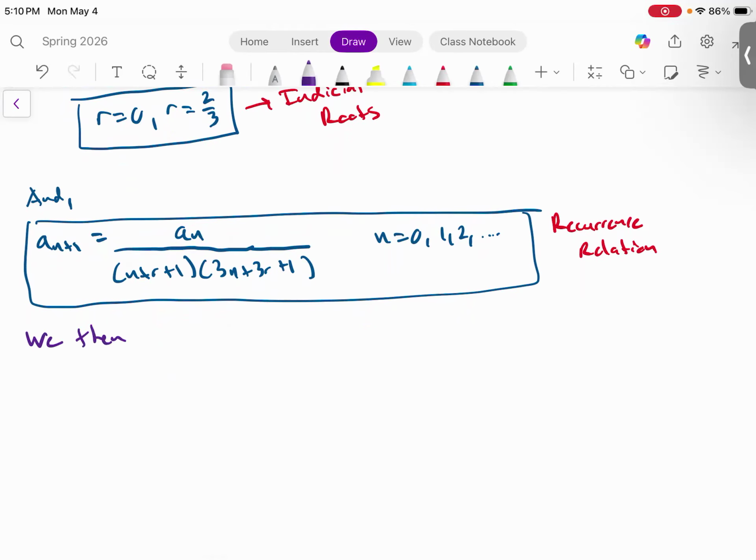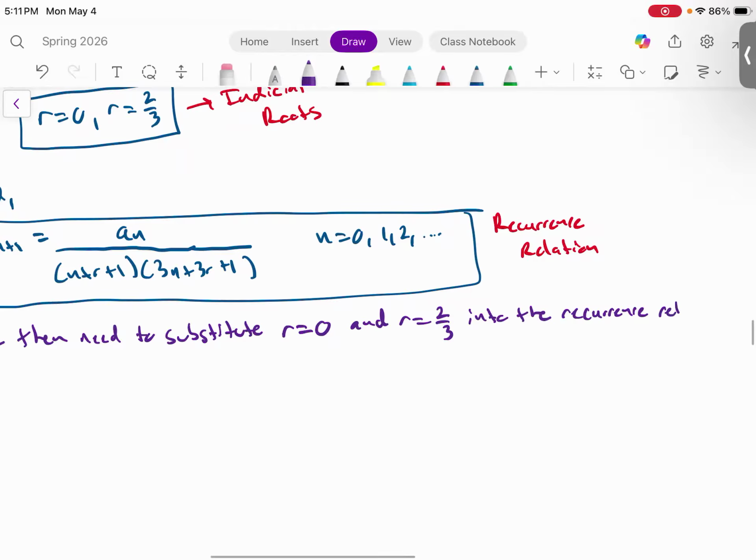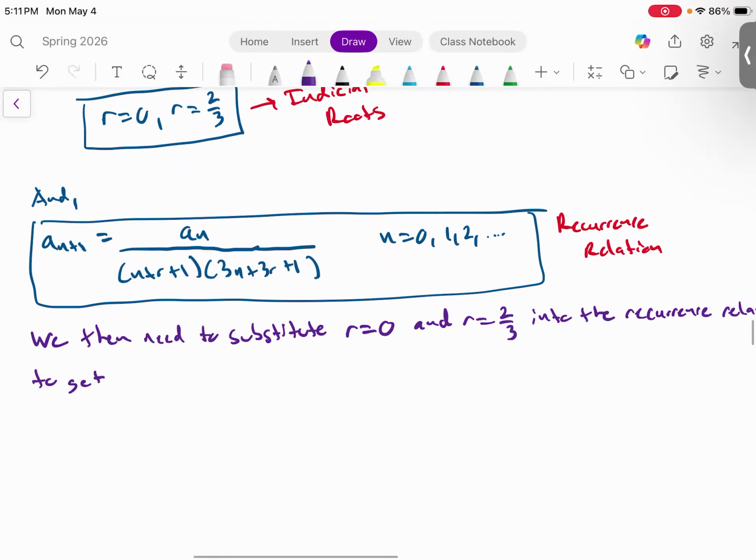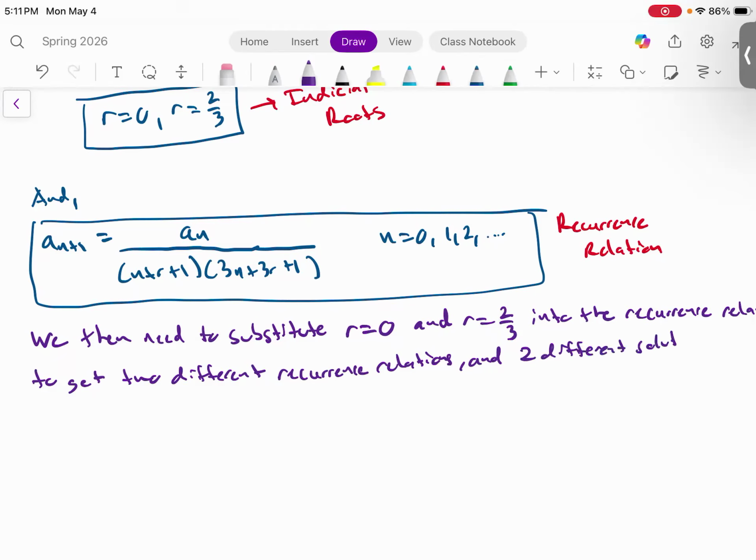We then need to substitute R equals 0 and R equals 2/3 into the recurrence relation to get two different recurrence relations and two different solutions.